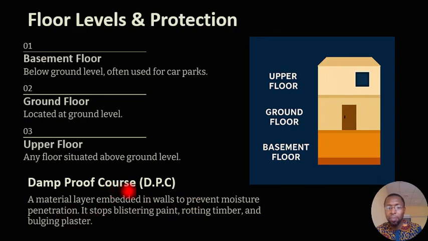If you do not apply this material, there is a tendency that the wall will get bulged, the plaster on it will get bulged, or the timber will rot, or the paint will blister. So the DPC material is what we use on walls to protect them. When we have the basement floor, definitely we need to build walls to have the ground floor. So this protects the wall of the floor from getting spoiled or destroyed.